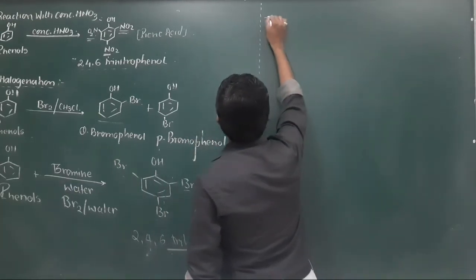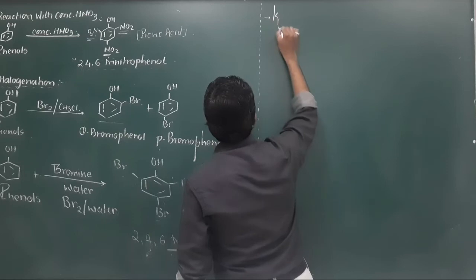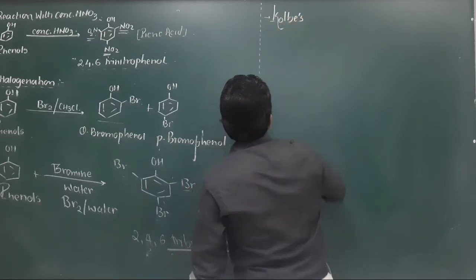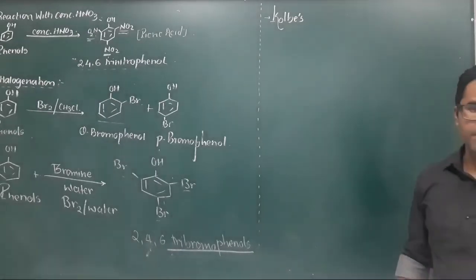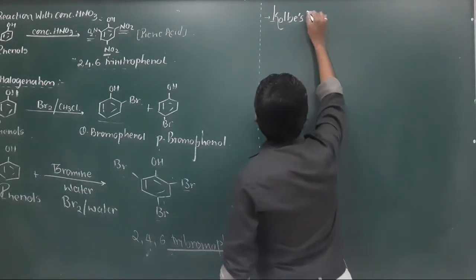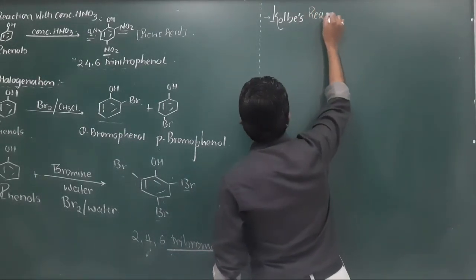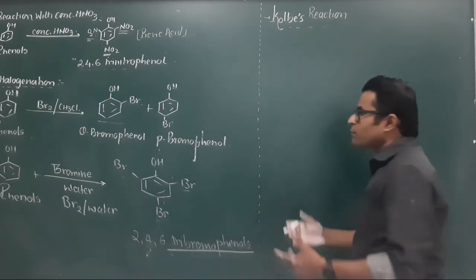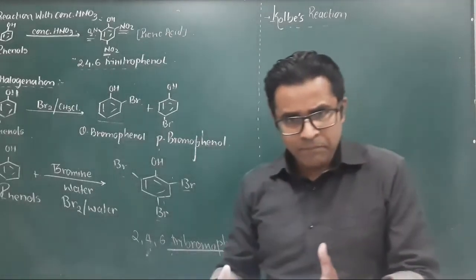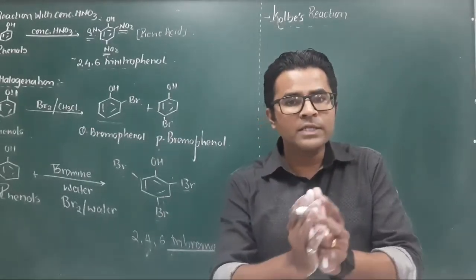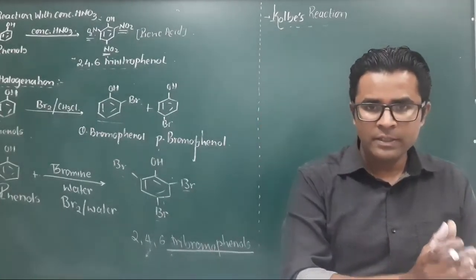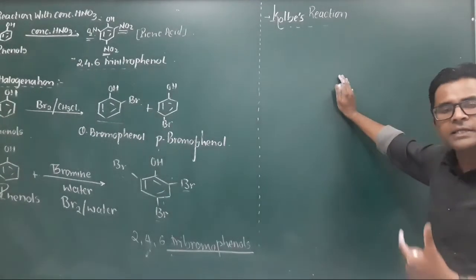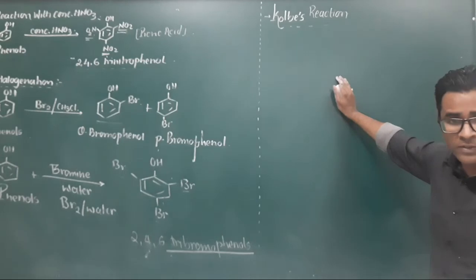The next reaction we have is one of the most important reactions. It is pronounced as the Kolbe's reaction. In the Kolbe's reaction, we take the phenol and react it with sodium hydroxide. When we react with sodium hydroxide, eventually we get an intermediate, which is sodium phenoxide.